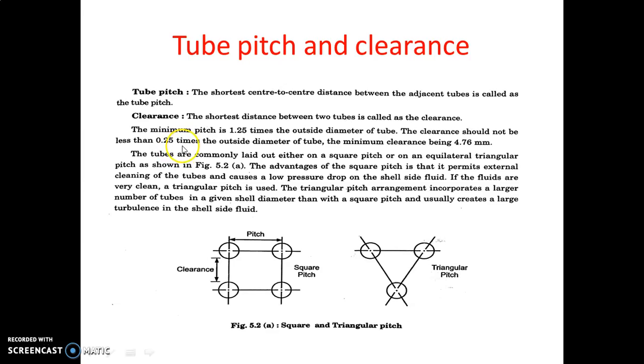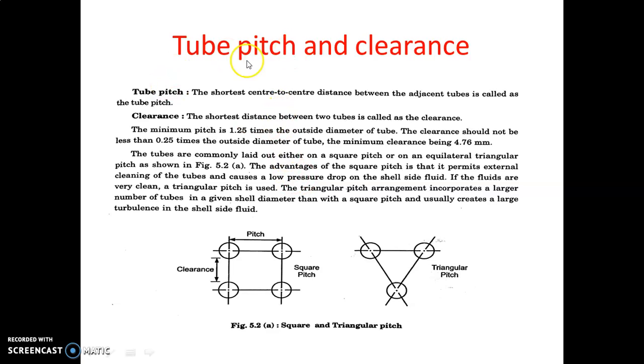So you have to calculate the outer diameter, multiply by 0.25, and keep this distance. The minimum clearance between the tubes is 4.76 millimeters, and this is the minimum pitch.